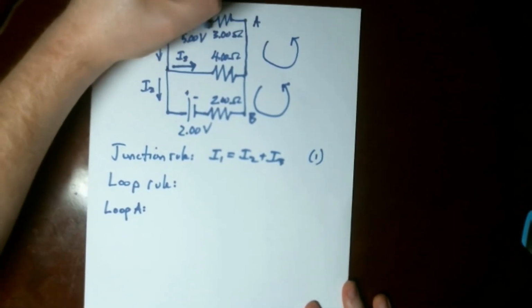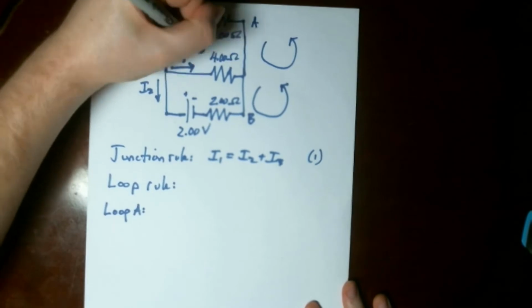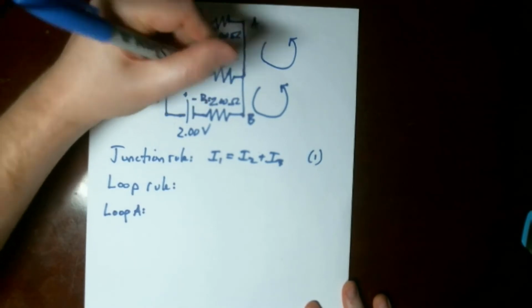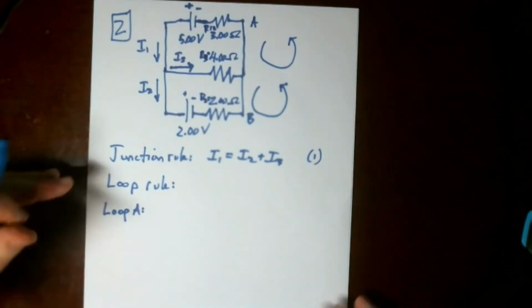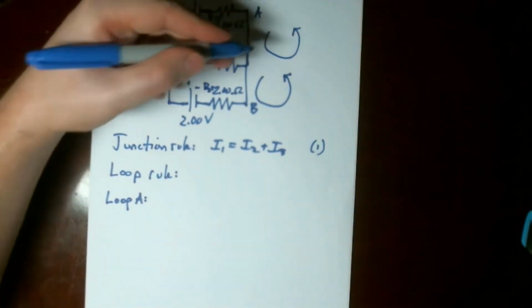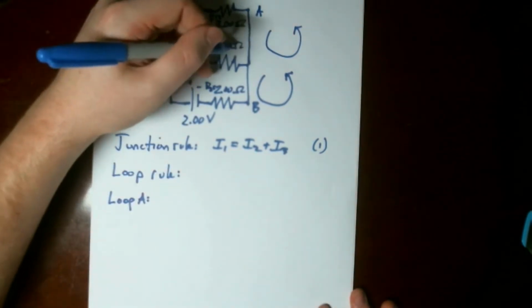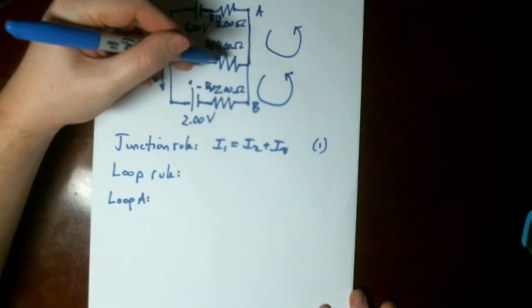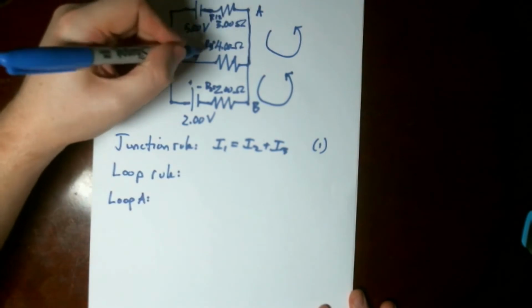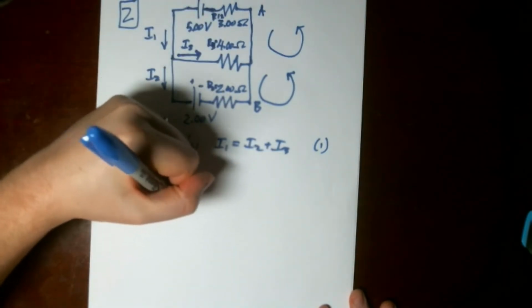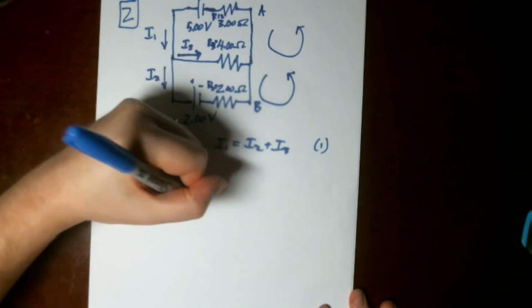We'll call this R1, this R2, and this R3, just for the sake of labels. Going through loop A, if I start at this point and go to the right, I lose voltage because I'm traversing in the same direction as the current. I lose a voltage equal to Ohm's law applied to this resistor, so I lose I3 R3.